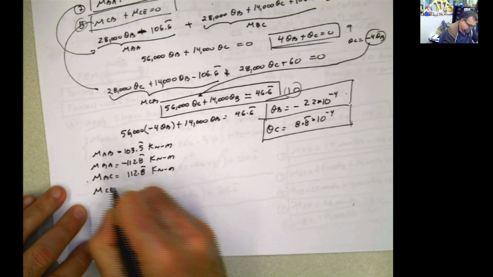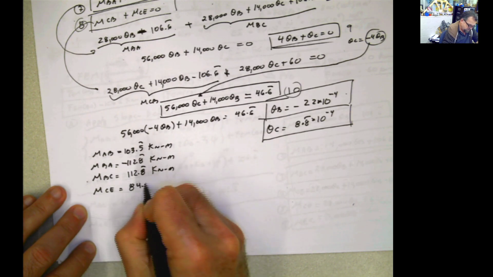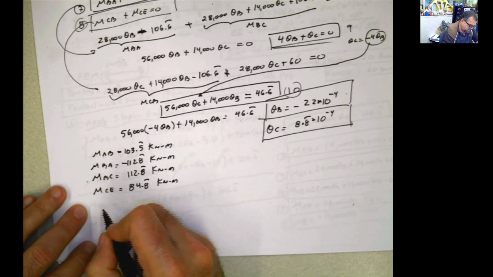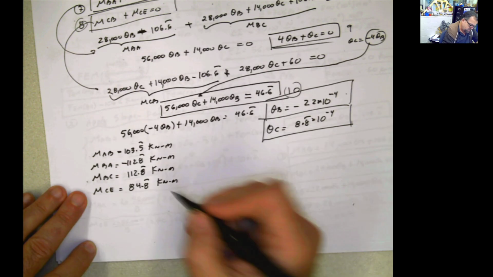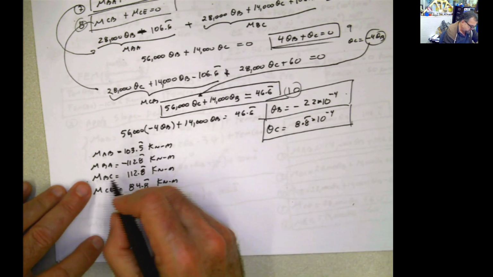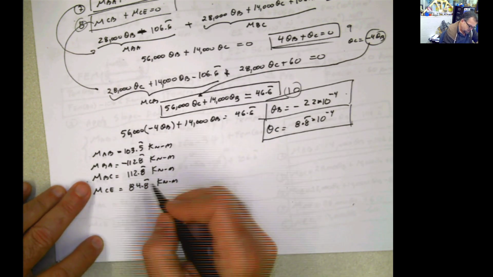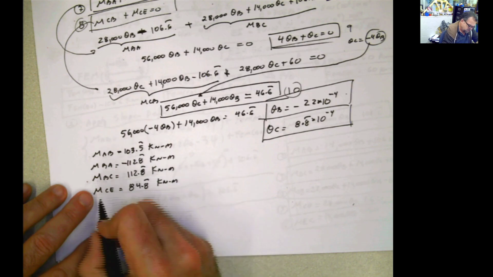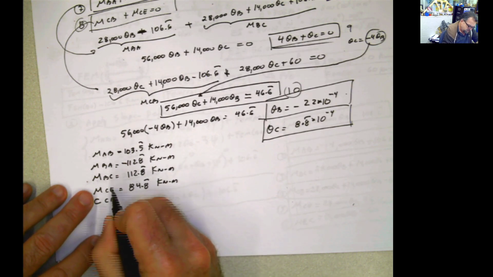MCE. What am I missing? Well, MBC has to be MBC, and MCB has to be, what did I put here? 112. MCE. Yeah, MCE is that, so MCB has to be the same thing here.